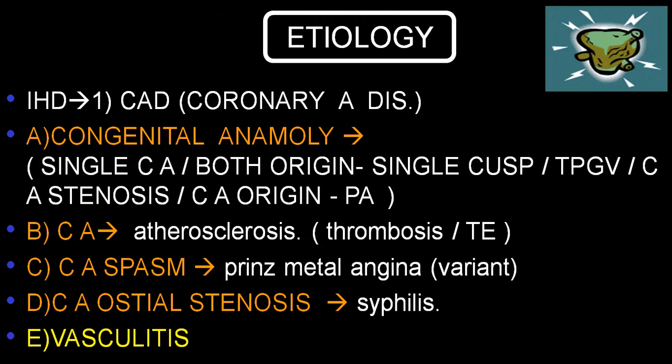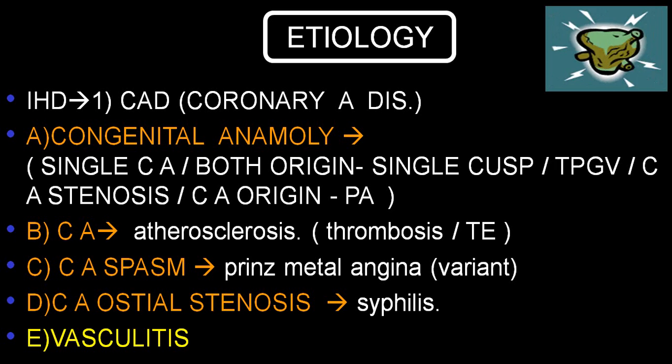Coronary artery involvement can be congenital or acquired. We have already discussed this in the ischemic heart disease chapter. In congenital, there can be a single coronary artery or both coronary arteries arising from a single cusp, transposition of great vessels, which means the aorta is arising from the RV, so it receives deoxygenated blood.